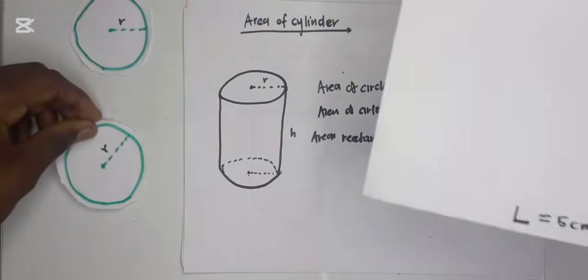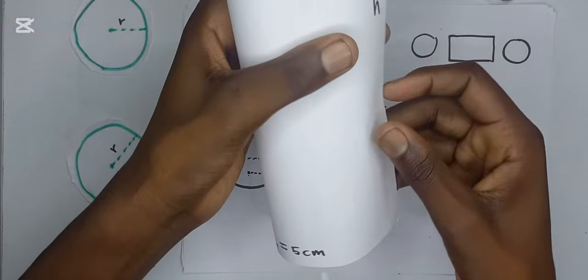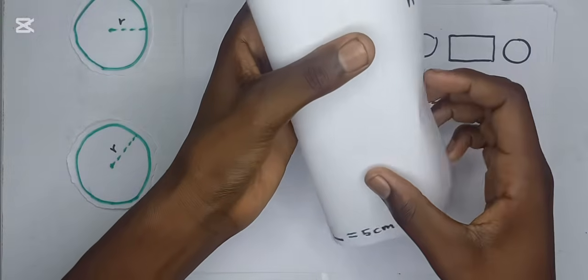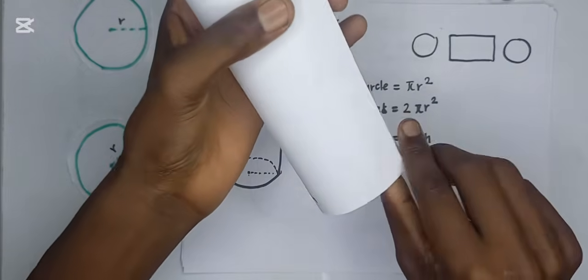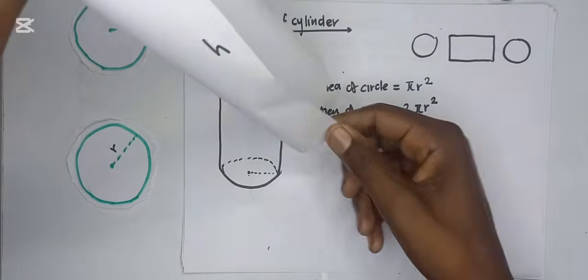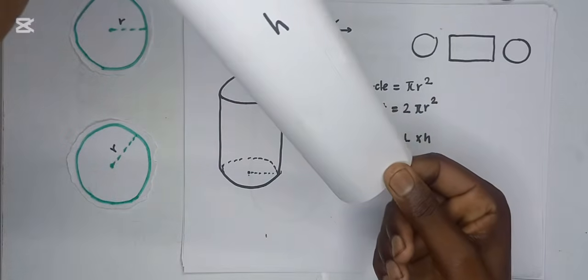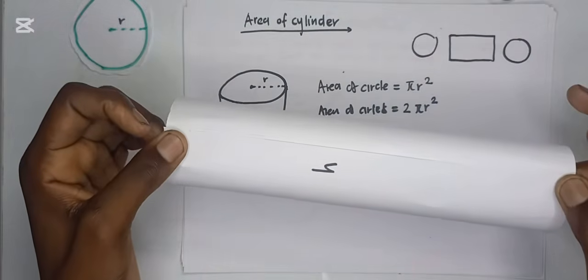If you pay close attention, when we want to form this cylinder, we have to fold our rectangle. When we fold our rectangle, look at our height. Our height remains the same, it remains the actual height that is there.